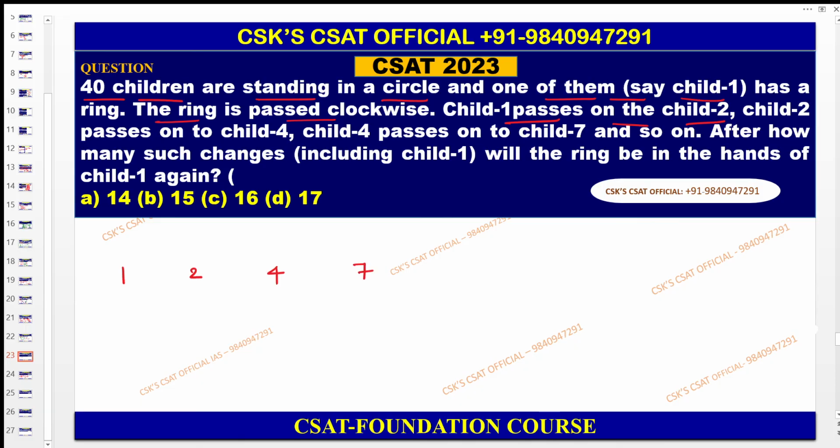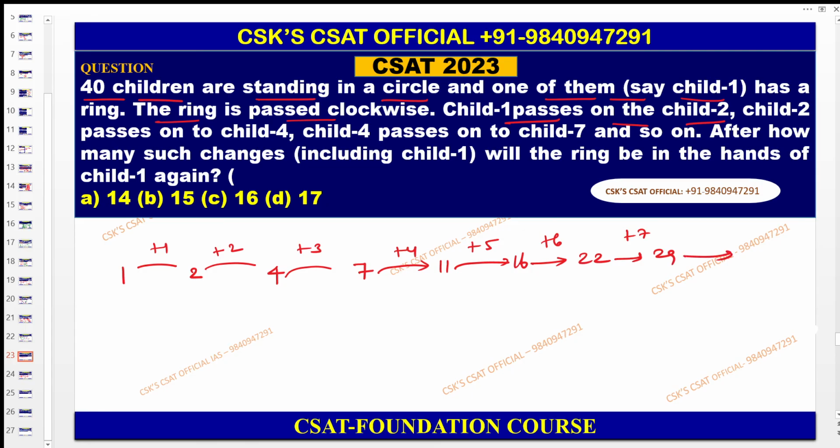So now you can see some pattern here. 1 plus 1, 2. 2 plus 2, this one. 4 plus 3, this one. So next is going to be plus 4. So 11. Next is going to be plus 5. Okay. So which is equal to what? 16. Next is plus 6. 22. So next is plus 7.